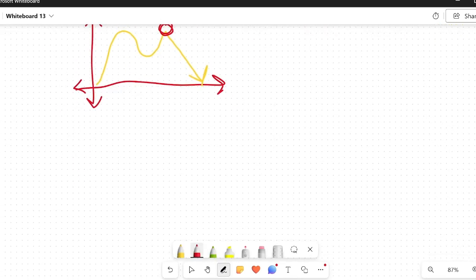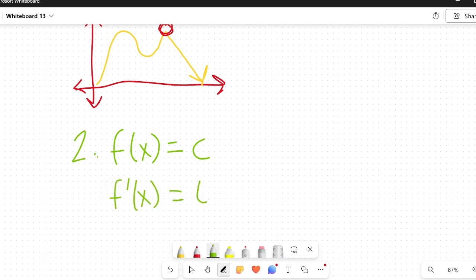Essentially, what the constant rule says is that if f of x equals some constant c, then f prime of x equals 0. If you think about it, f of x being c is a horizontal line.